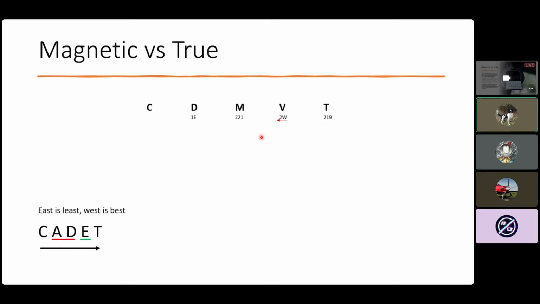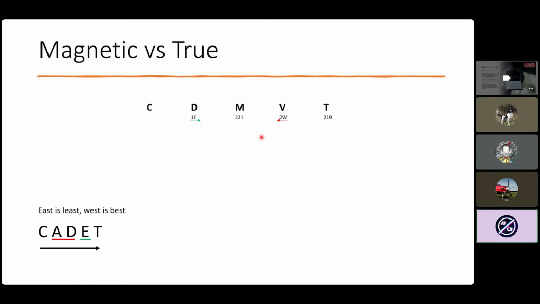So the next thing we need to account for is the deviation. So this is 1 degree east. What way is the arrow pointing this time? To the right. Correct. So what would be the compass heading that we would have to steer in order to fly that magnetic heading of 221 in order to fly that true track of 219?